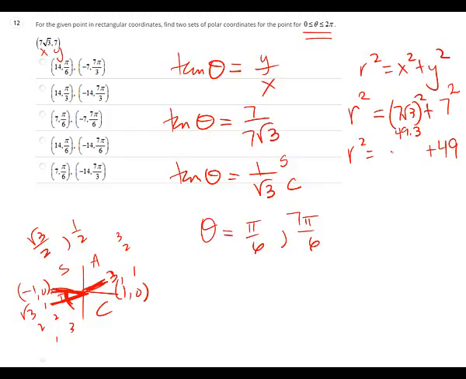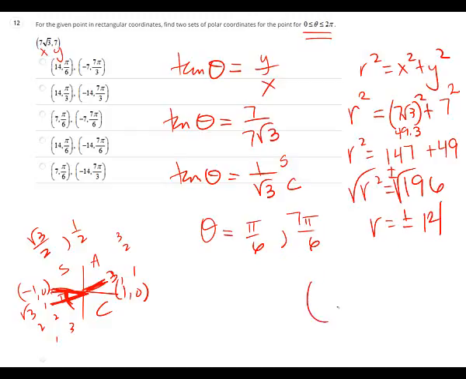It's 147. And then 147 plus 49 is what? 196. Then we take the square root, which technically would be plus or minus. So you get plus or minus what? 14.